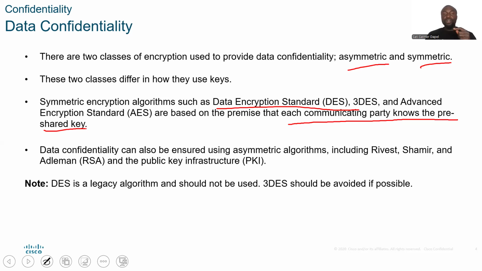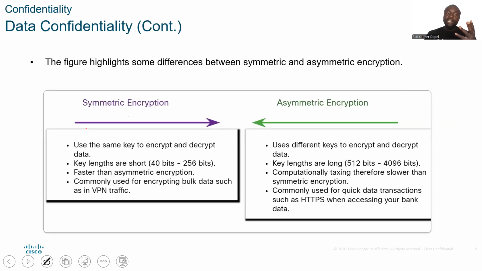In asymmetric, the sender and the receiver do not have to use the same key, but in the symmetric, they have to use the same key. So let's look at the two. Symmetric uses the same key to encrypt and decrypt data. But asymmetric uses different keys to encrypt and decrypt data.